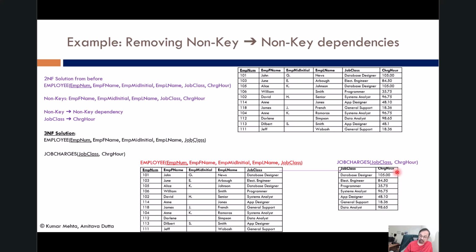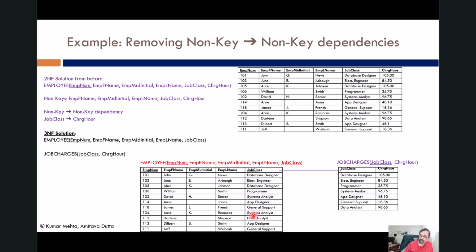But now, if you look at the structure that we have here, if I want to add a new employee, I can just add a new employee. That I could do in the second normal form table as well. But now that I have this new table, which has the job charges, if I have a new category of employee, let's say, like we said, requirements analyst, I could just add the requirements analyst at $200 an hour as a new record in this table without having an employee who's assigned to it.